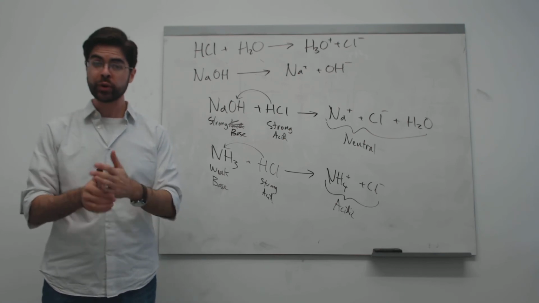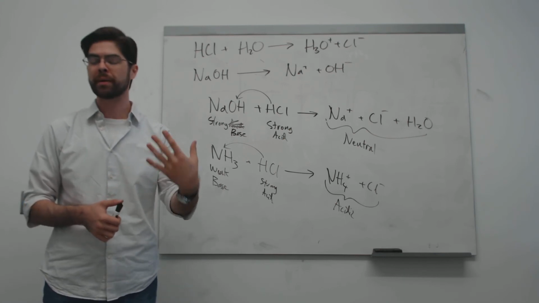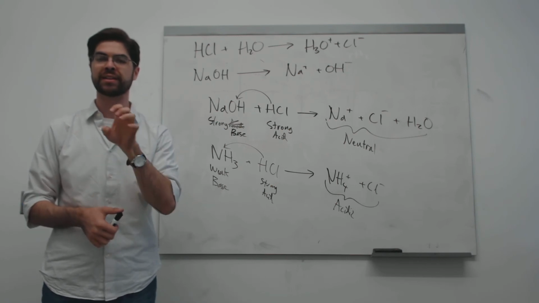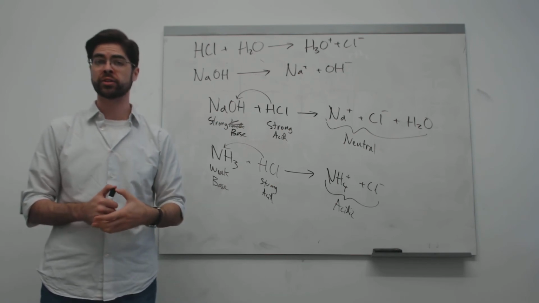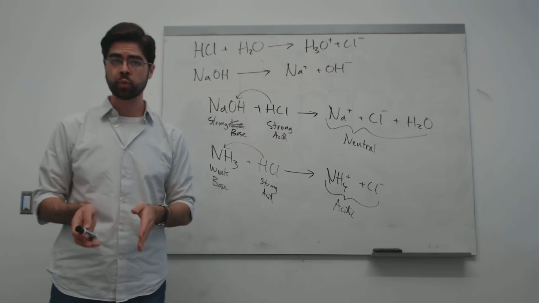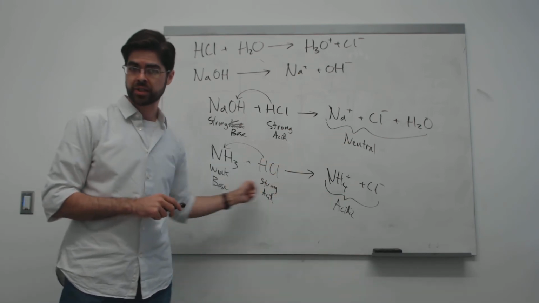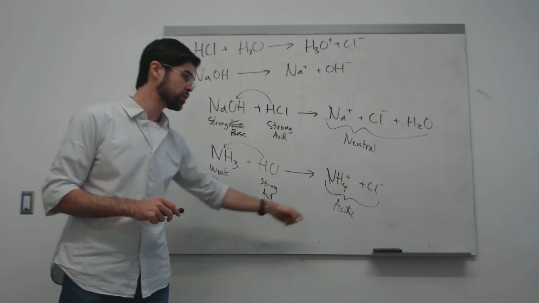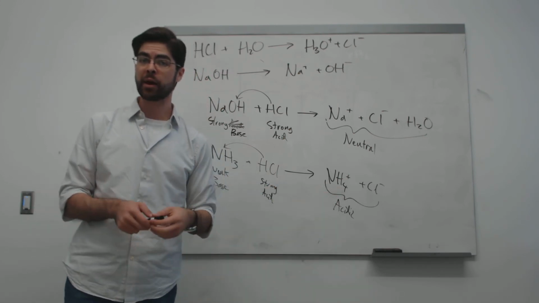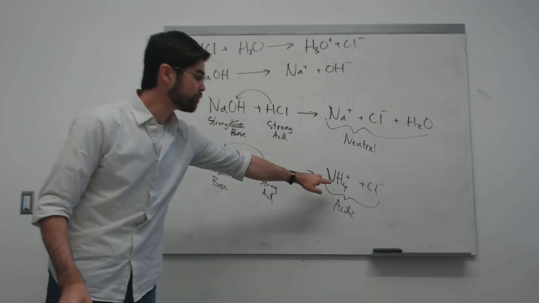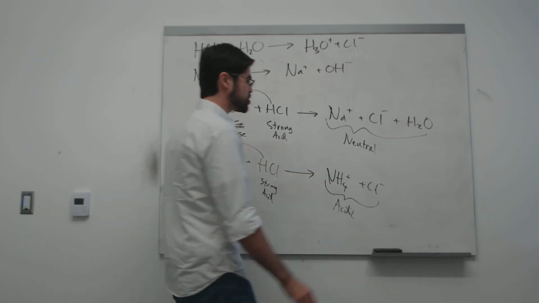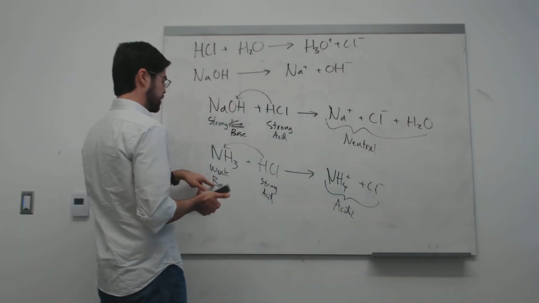You can use that to remember, but that's not the correct explanation of why the solution is acidic. The reason the solution is acidic is because the products of this neutralization reaction include a weak acid. NH4 is the conjugate acid of ammonia.